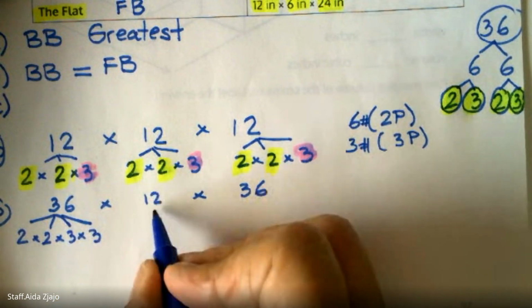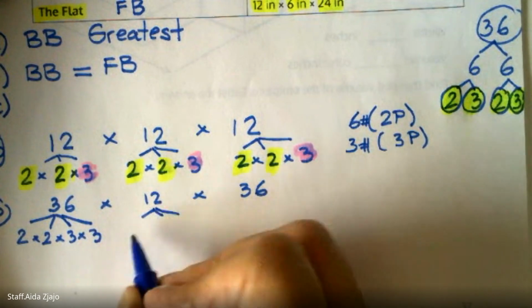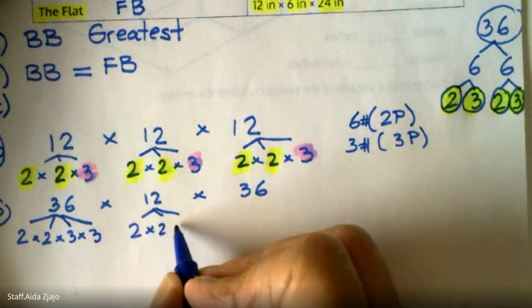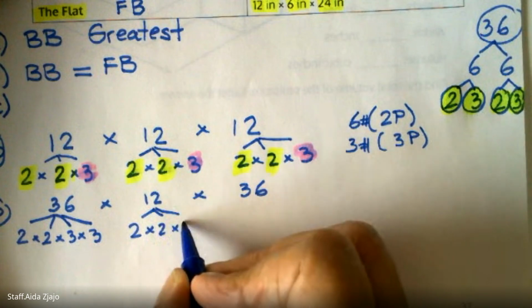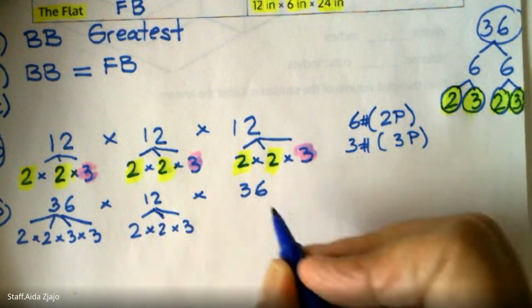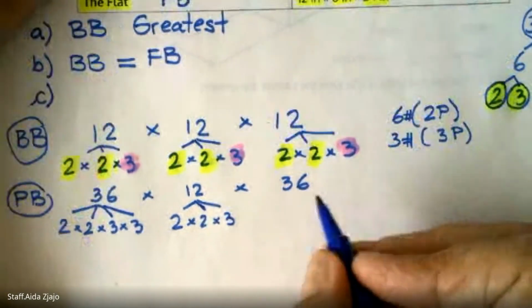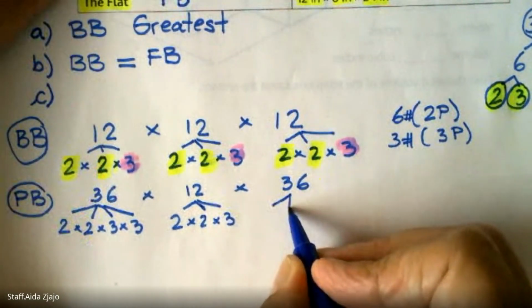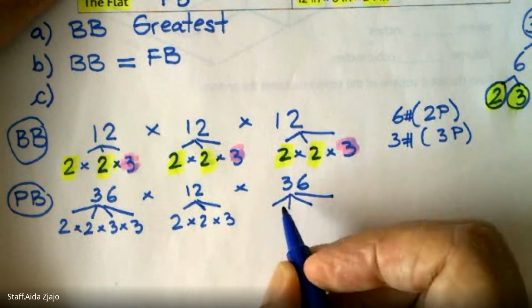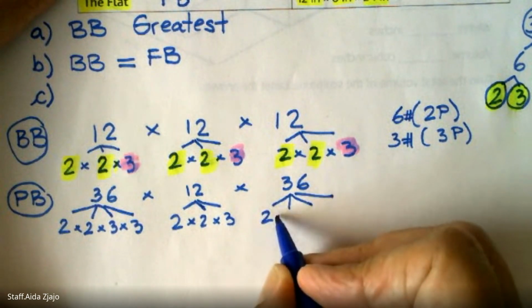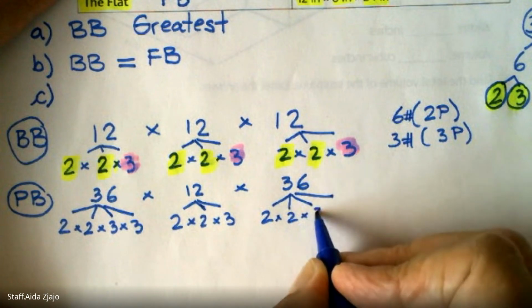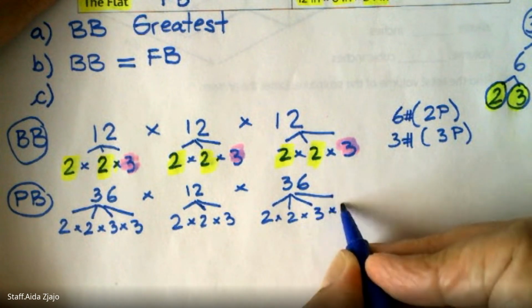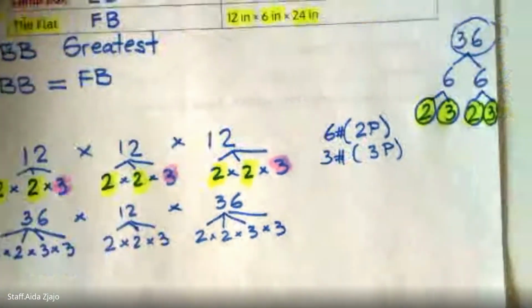And then for 12, I already have 2 times 2 times 3. And again, 36 is 2 times 2 times 3 times 3. Okay, I hope you understand that.